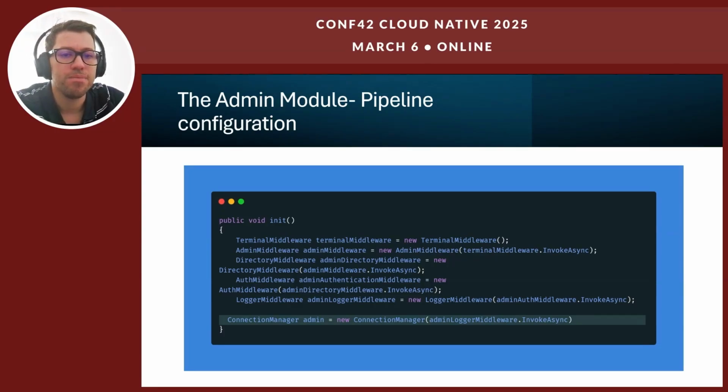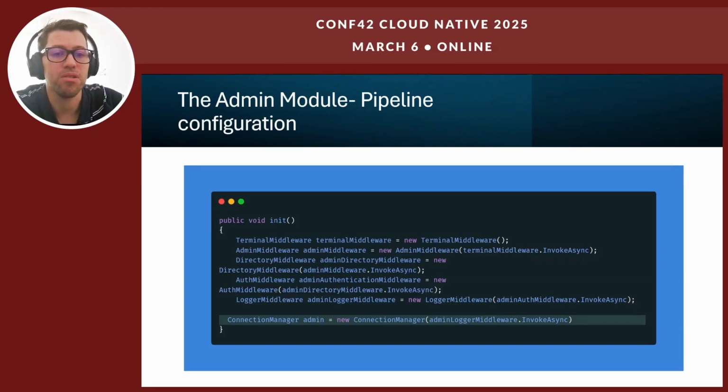But this time we will have our admin module that will start with the admin logger middleware. This admin logger middleware will be connected to the host middleware, which didn't change. And the host middleware will be connected to the directory middleware. And the directory middleware will not be connected to the router middleware this time, but to the admin middleware.